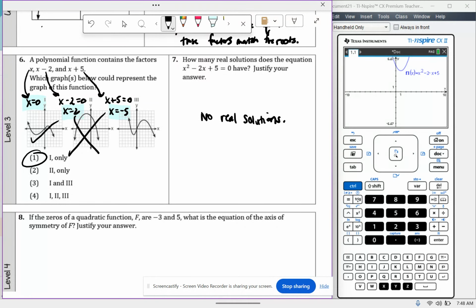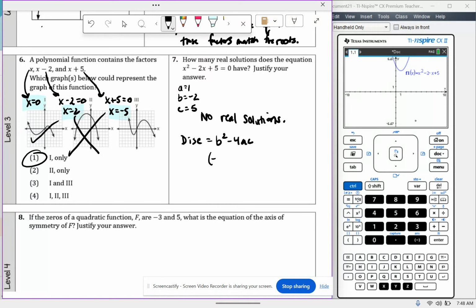So you could either say I graphed it and it didn't touch the x-axis, or if you want to be super fancy, the discriminant tells us both the nature and number of roots. So if I take this quadratic and I have a equals 1, b equals -2, and c equals 5, and I plug it into the discriminant equation and I end up getting a negative number, that is also proof that there are no real solutions.